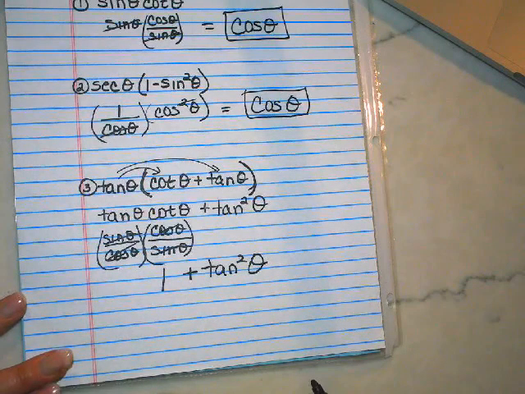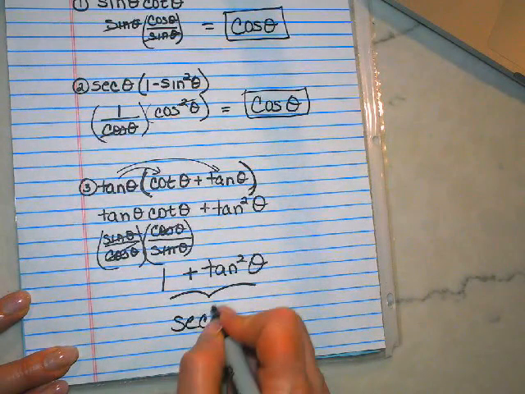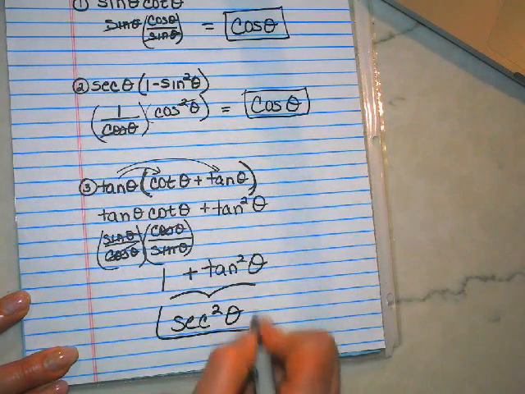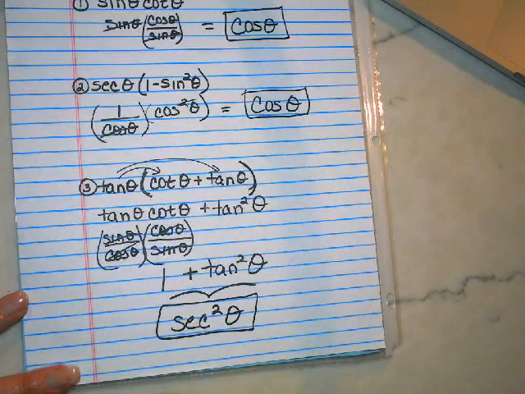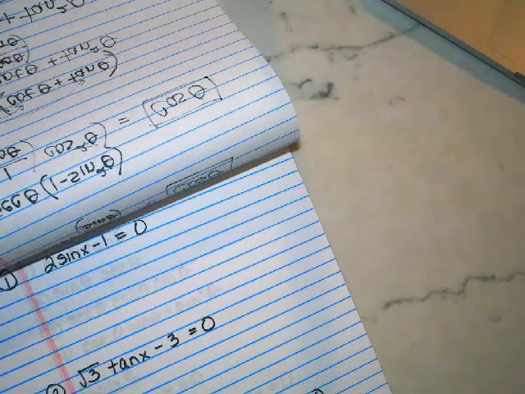Now, you should have your identity sheet next to you because this is an identity, okay, and it really equals secant squared theta, okay? So, yeah, you're going to have to review your identities. Just wanted to freshen that up in your head. Remember doing that.